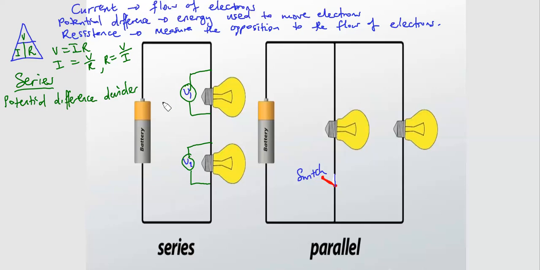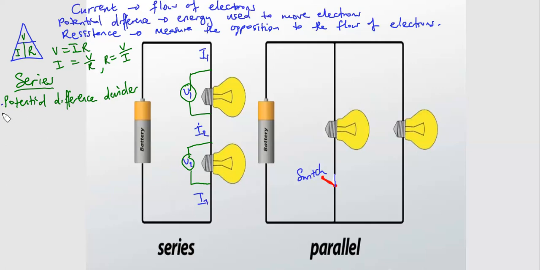But what about the current? Our current here will be the same. The current at this point is the same as the current at this point here. So we can say current 1, current 2, current 3, they are the same.